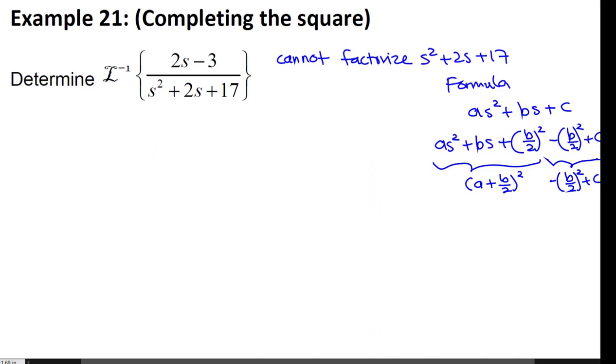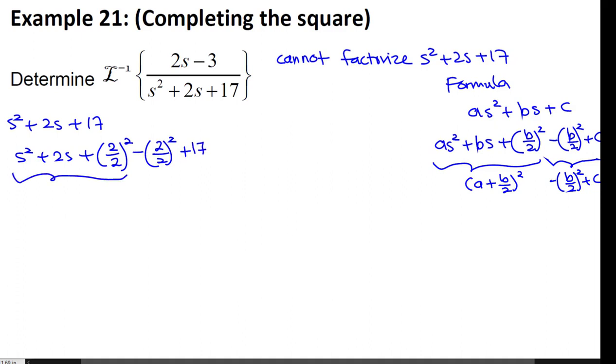So for this question, s² + 2s + 17. We have s² + 2s plus (2/2)² minus (2/2)² plus 17. So this one is (s + 1), since 2 divided by 2 is 1, right?